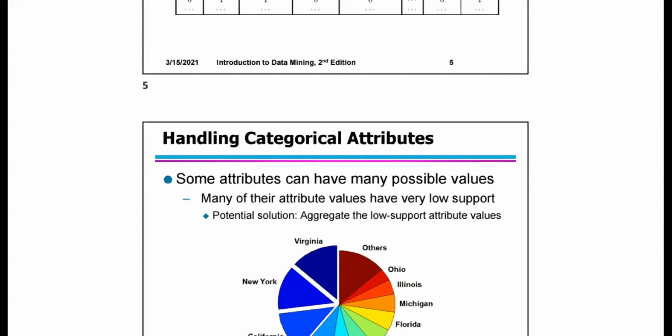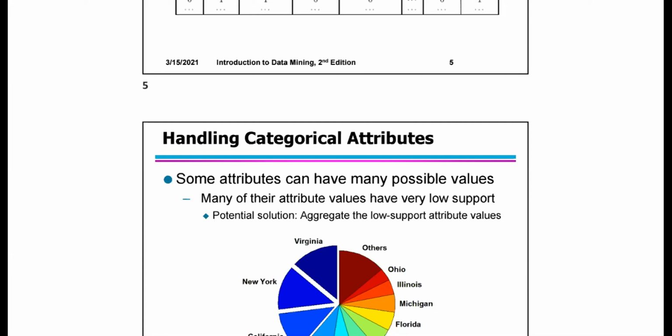One way to reduce the computation time is to avoid generating candidate item sets that contain more than one item from the same attribute, for example state X and Y, because the support count of such an item set is 0.